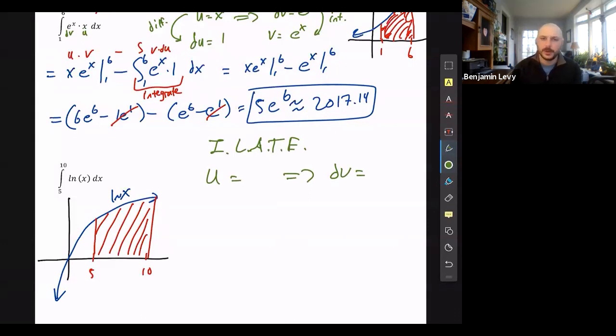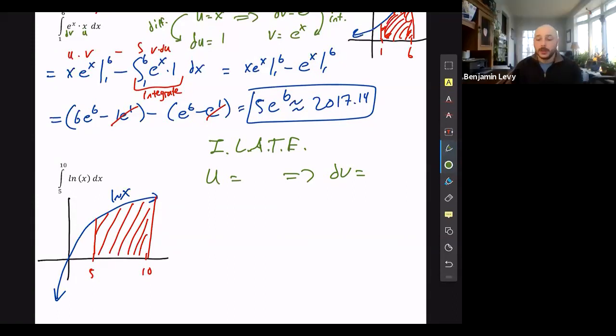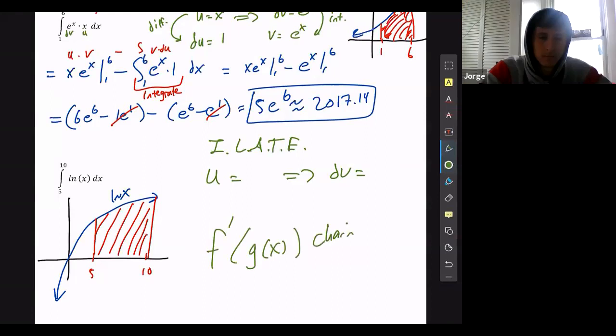I'll give you a hint, but I'm just curious if anyone has an idea. It would be like x is u, and then no. Good thought. I think what you're doing is thinking a little bit about the chain rule and substitution.